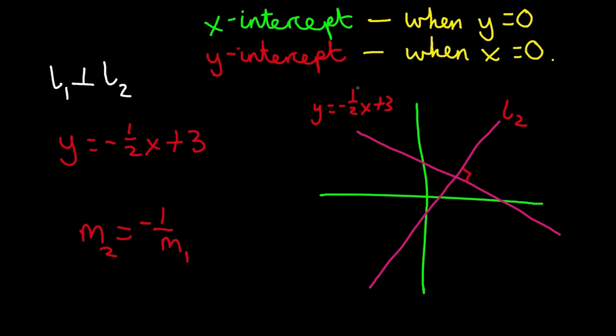So the gradient here is negative half for this line. So putting this in this equation, the gradient of line 2 is equal to negative of negative half, negative, positive, flip these over. So our gradient of this line is 2.